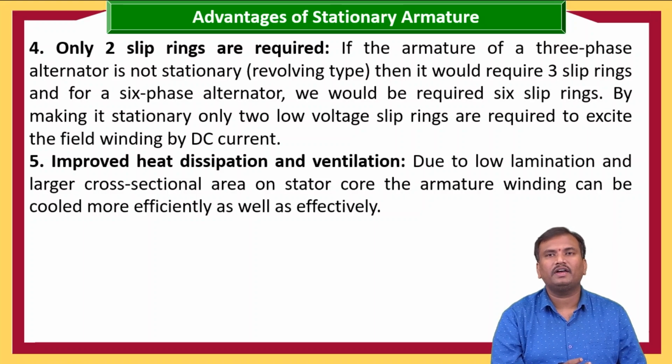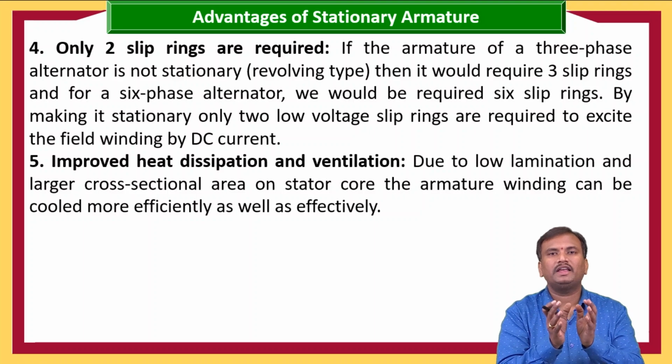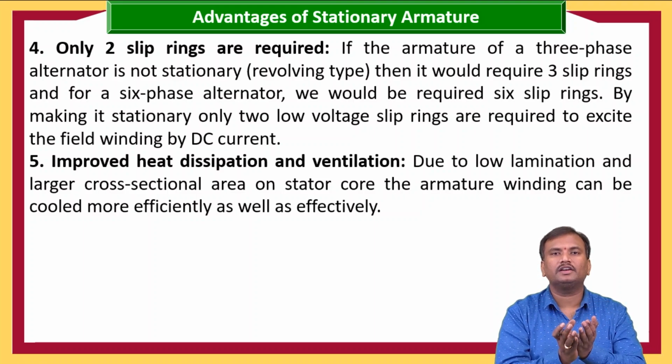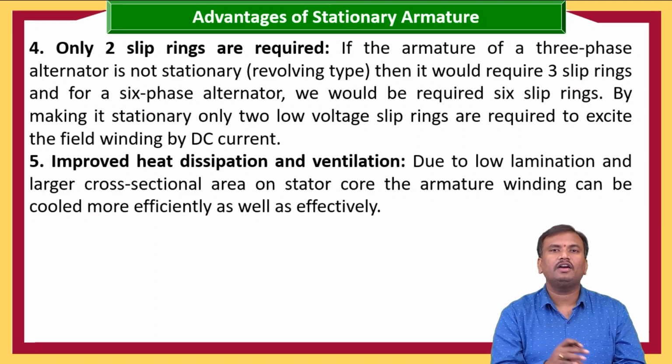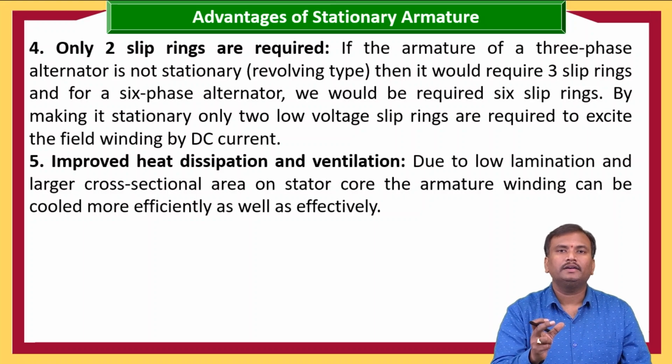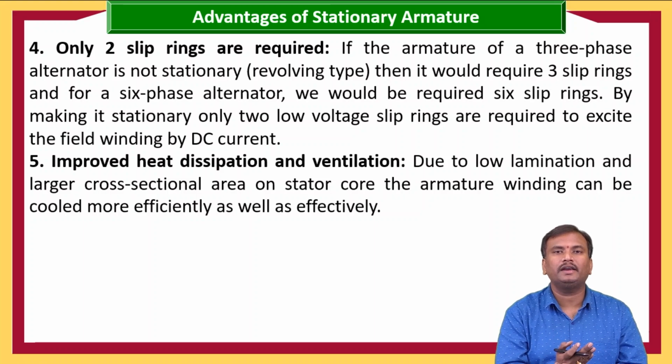When we place the winding on the rotor, the area of the cross section is limited, and the heat generated is going to affect the performance of the machine. Here, when the area of the cross section is more, the heat produced is dissipated, so the performance of the machine will be good.